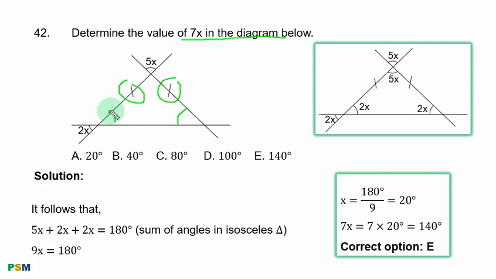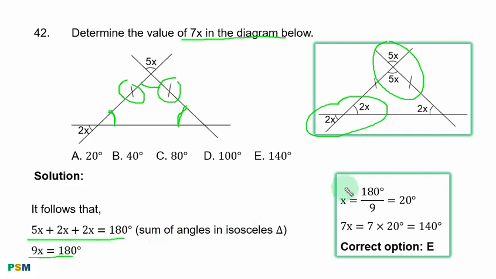In this diagram, this angle is equal to 2S, vertically opposite angles. This angle is equal to 5S, vertically opposite angles. This angle is equal to 2S, base angles of isosceles triangle. So if you add the three angles, the sum is equal to 180 degrees. 9S is equal to 180 degrees.